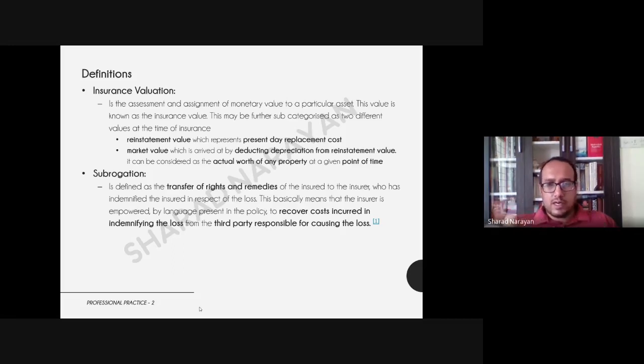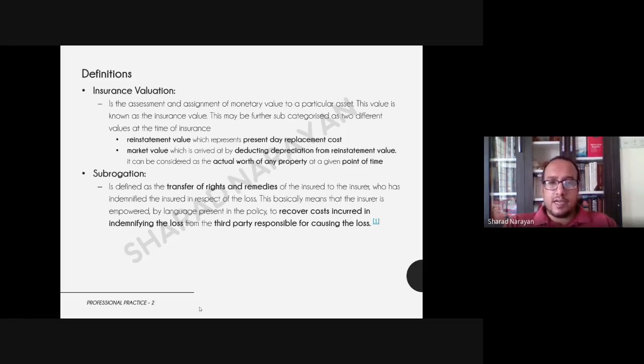So if there is a third party responsible for causing the loss, what happens is that your insurance company, basically the company that covers any damage that occurs to your car, will directly reimburse you based on the evidence of whatever has been detected at the time of the incident.